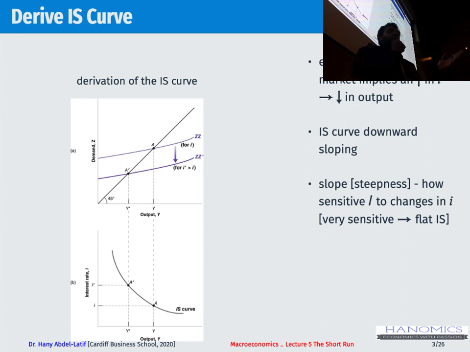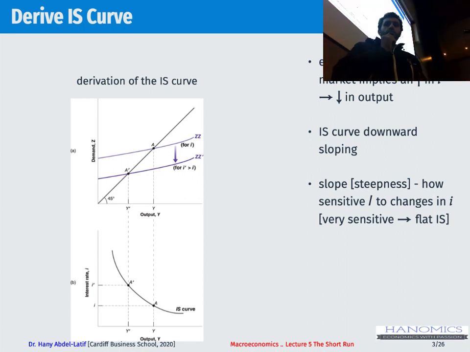IS comes from investment equals saving, which is another way of understanding the equilibrium condition in the goods market. We saw how we can derive the IS curve, and we know it's a downward sloping curve. We know what determines the steepness or the slope of that curve, how steep it is.